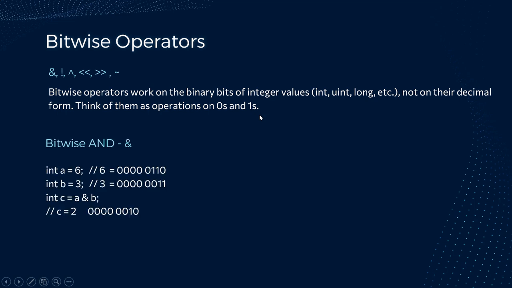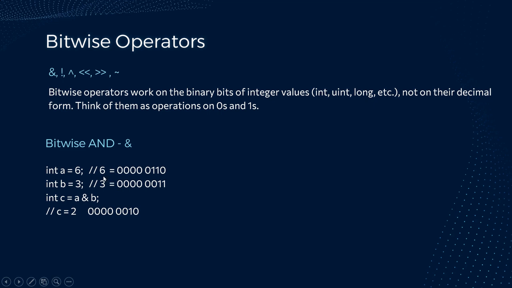Now the first one is the bitwise AND operator. So let's look at what exactly this bitwise AND is. Here I have taken two variables, int a equal to 6 and int b equal to 3, and this is the decimal representation of these integer values. On the right hand side is the binary representation of these decimal numbers in 8-bit form.